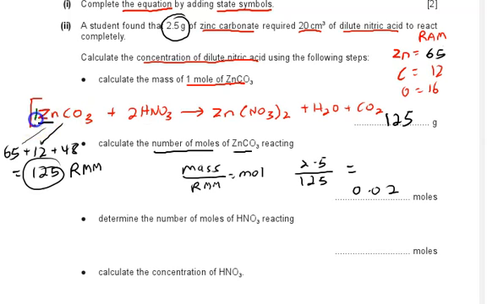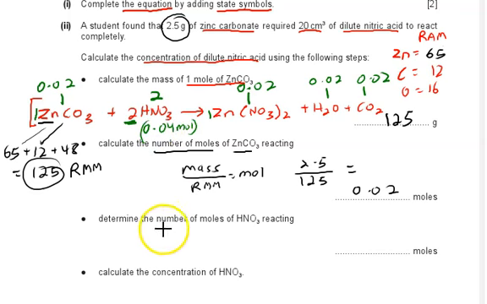So we follow the numbers in front: 1 here, and if here is 2, put 2. Here is 1, 1, 1. If the mole here is 0.02, we just follow the ratio. If it's 1, here also should be 0.02, 0.02, 0.02. And here it needs to be multiplied by 2, so you'll get about 0.04 moles.